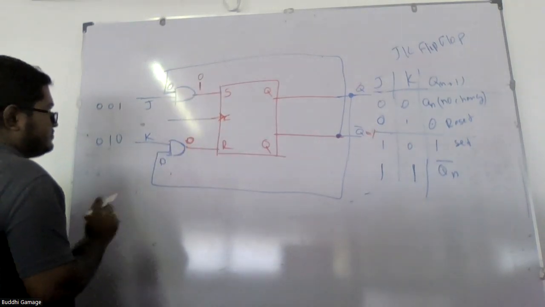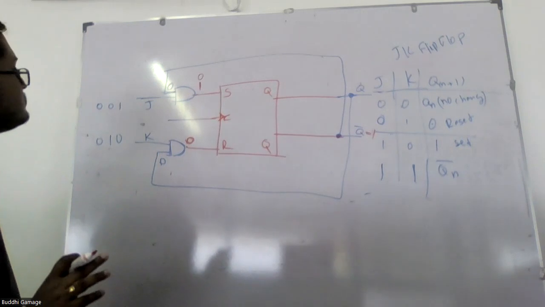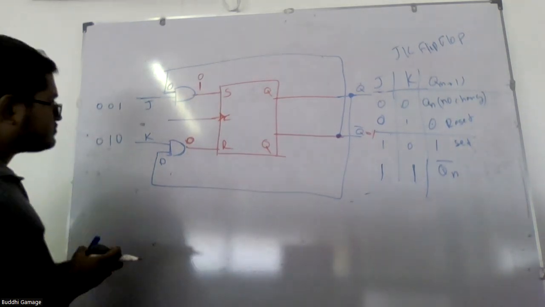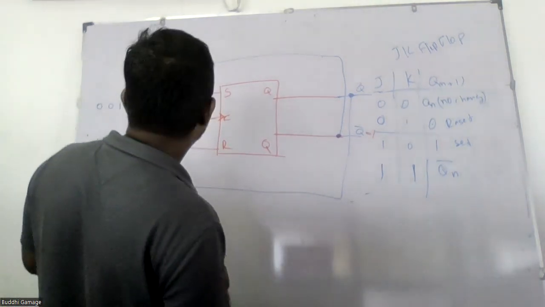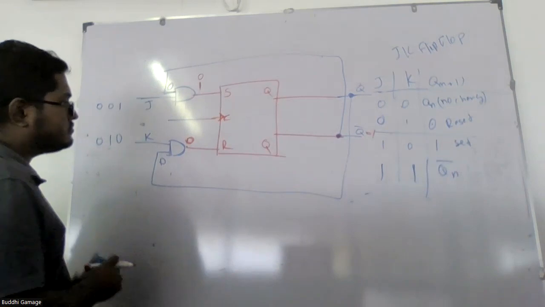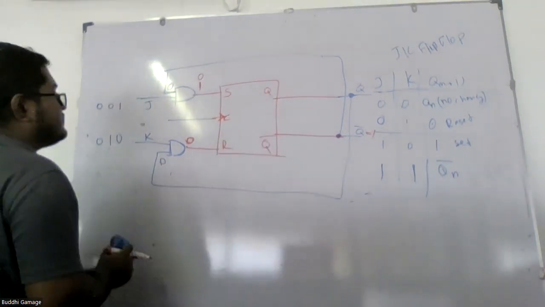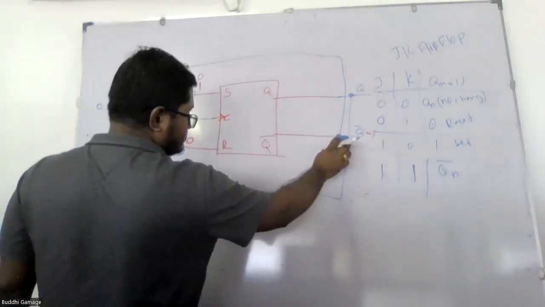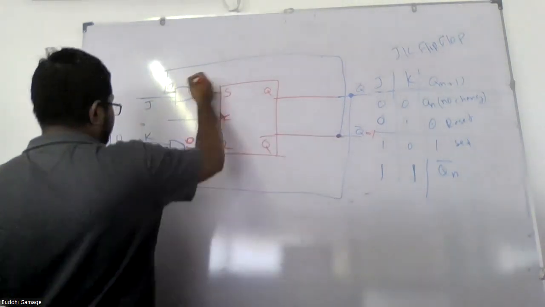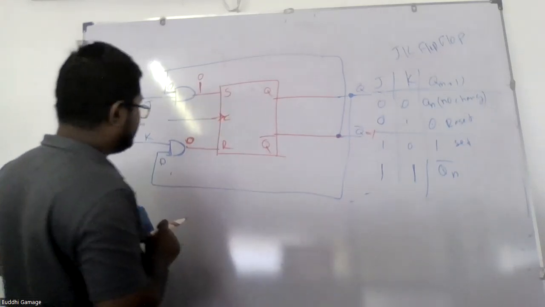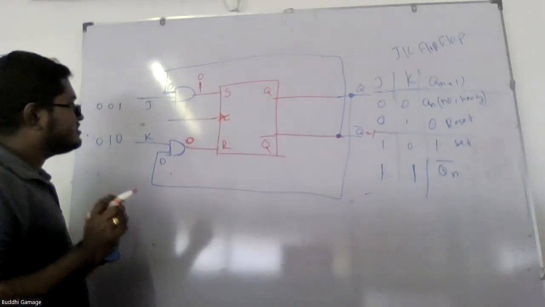Right? Q bar. If the Q bar is 1, Q bar is 1, then only this is going to be true. So S and R means actually the set state.